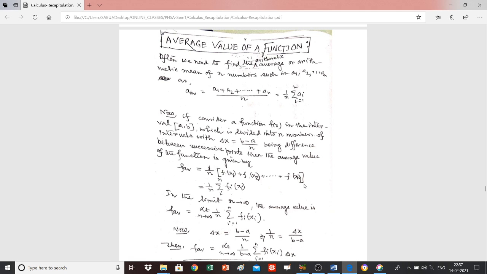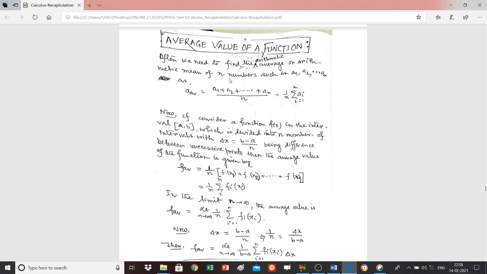If you have a series of numbers a1, a2, a3, up to an, then the arithmetic average or mean is calculated as the sum of all the numbers, a1 plus a2 plus a3 up to an, divided by the total number of numbers, n.